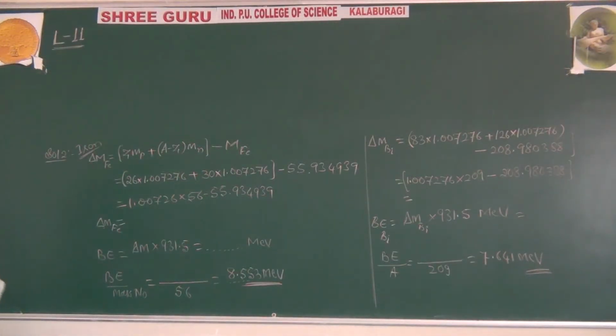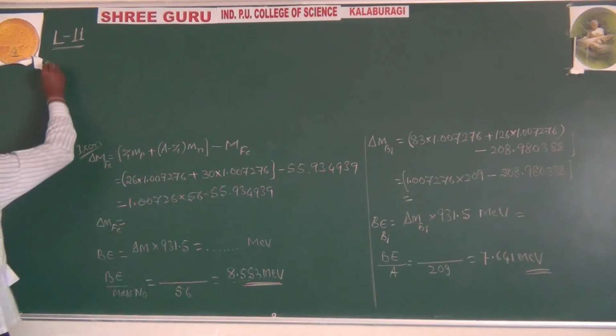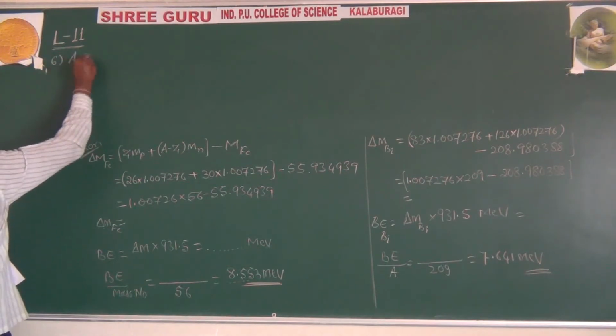Question number 6. A coin has a mass of 3 gram.